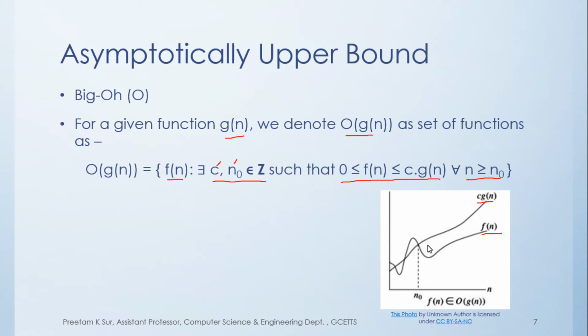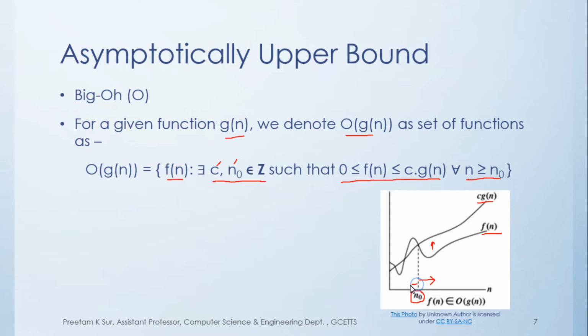In the curve you can see that g(n) multiplied by c always has a higher value than f(n), once the value of n is greater than or equal to n0. From that point, the curve c into g(n) is always above the curve f(n).